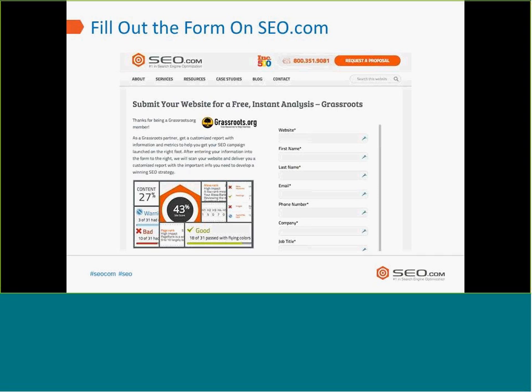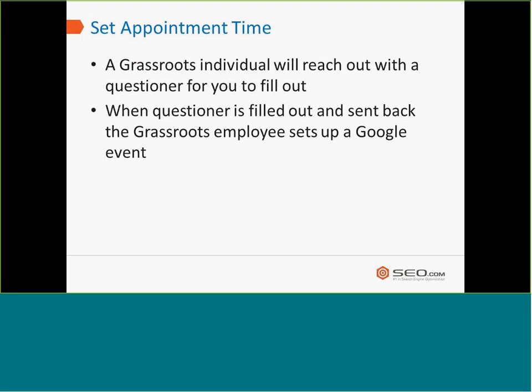There's some additional information that you'll need to fill out here, basic information. From that, people from grassroots.org will reach out to you with an email. He's going to be sending you a questionnaire. We don't set up the appointment until we get that questionnaire back, so make sure that you take time and fill it out completely and as fully as possible.